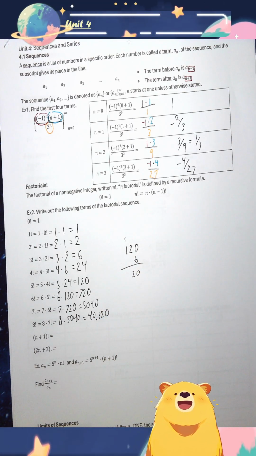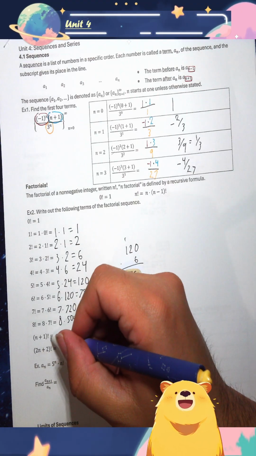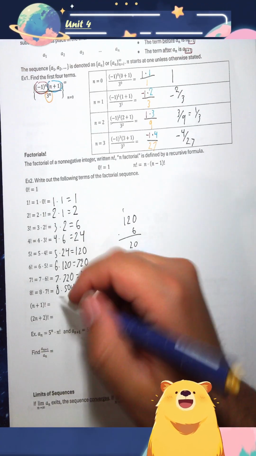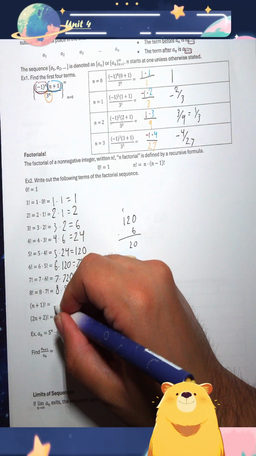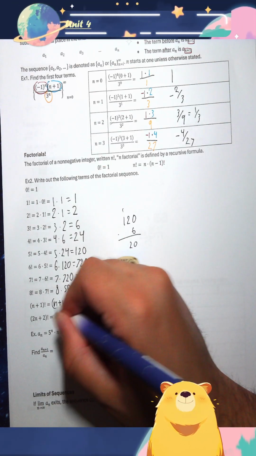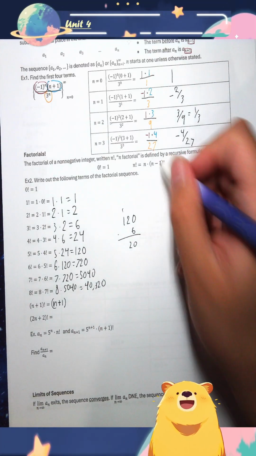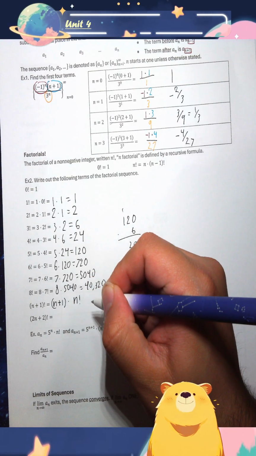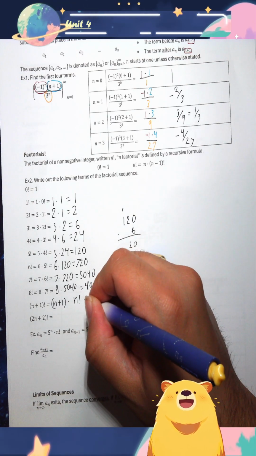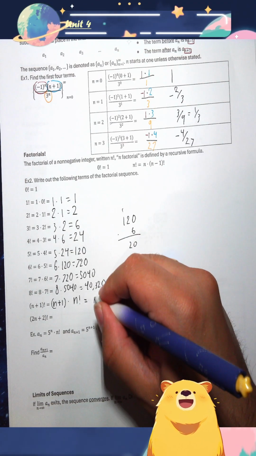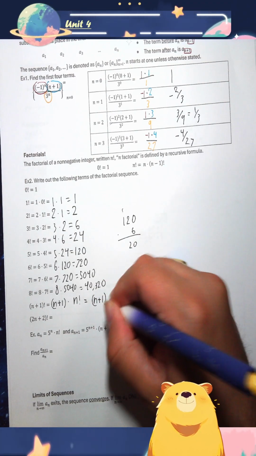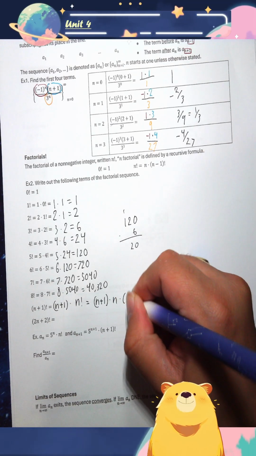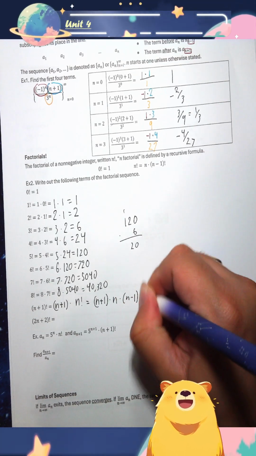Now let's deal with some arbitrary ones. What is (n plus 1) factorial? Well, we know this is technically n plus 1 times 1 less, so times n factorial. And technically you can expand this into (n plus 1) times n times (n minus 1) factorial.